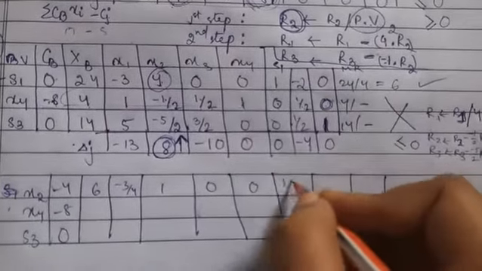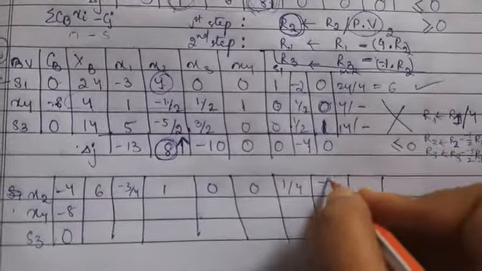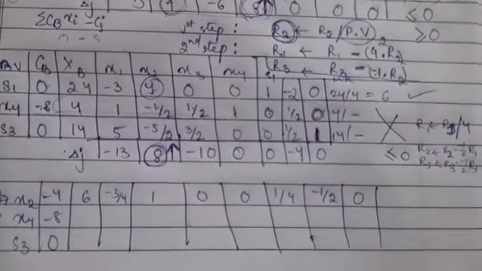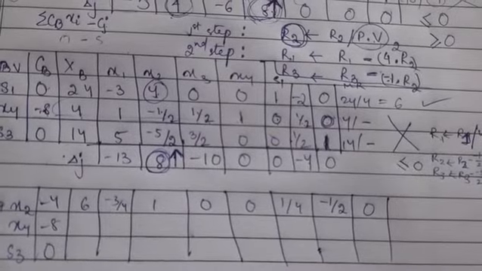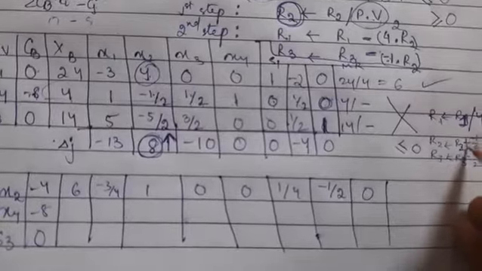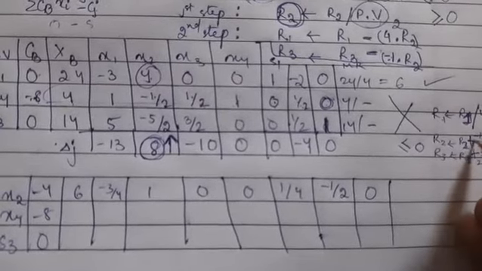1 by 4 is 1 by 4, this is minus half, and then 0. So this minus minus equates to plus, this is also plus.